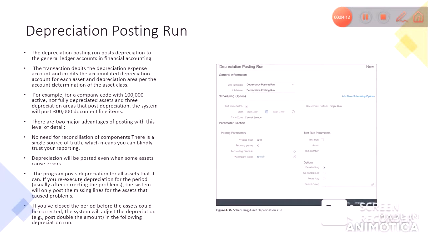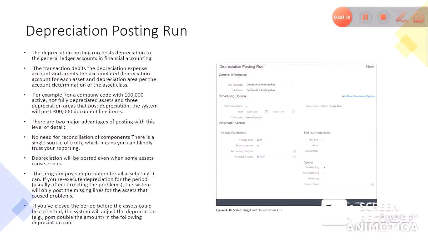So the depreciation posting run. How are we going to run the depreciation? The depreciation posting run posts depreciation to the general ledger accounts in financial accounting. The transaction debits depreciation expense accounts and credits the accumulated depreciation account for each asset and depreciation area per account determination of the asset class.